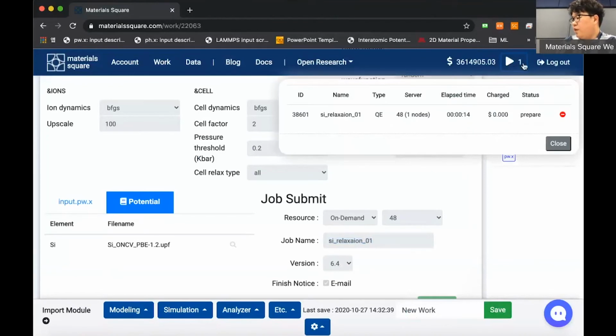This is the job name, this is the type of calculation, and this is the server in the cloud, and this is the elapsed time. This is the payment, and this is the status. This status is preparation for Amazon Web Service, so I wish to wait a few minutes.